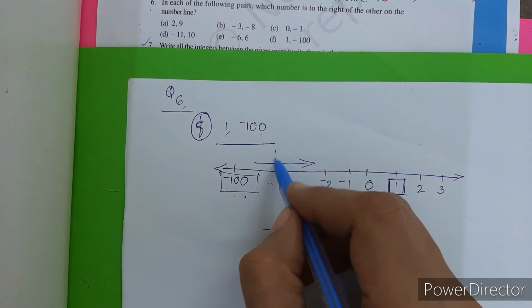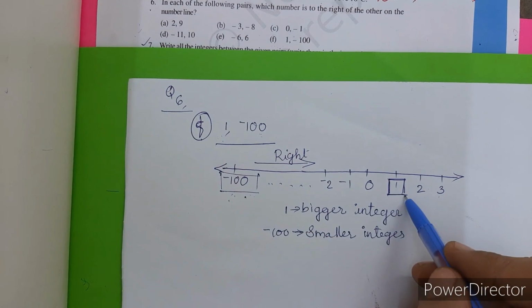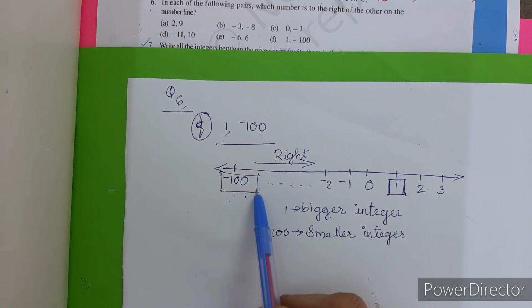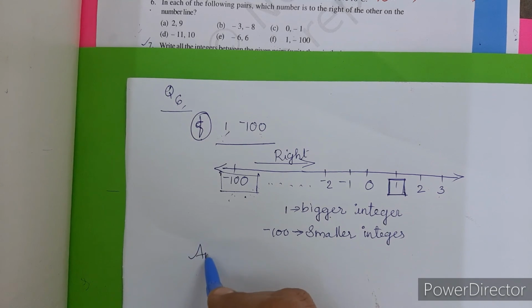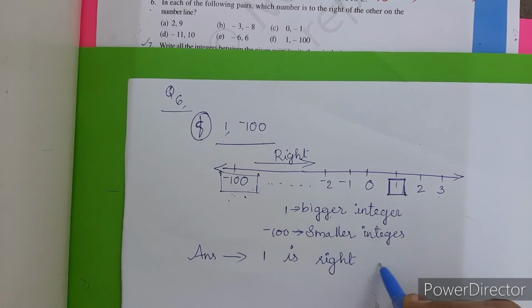That is the right side of minus 100. So 1, the bigger number, is present on the right side of minus 100. So the answer will be 1 is right to minus 100.